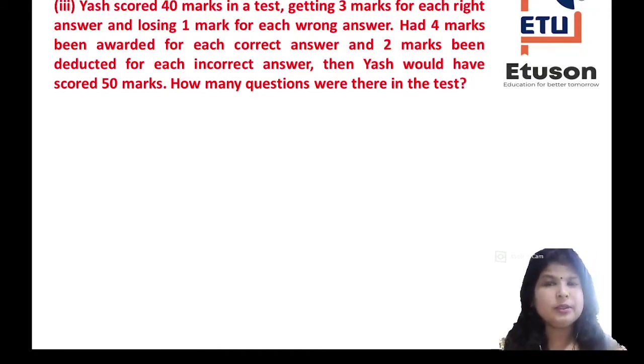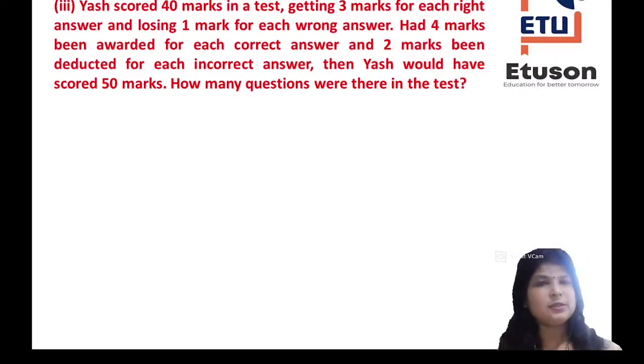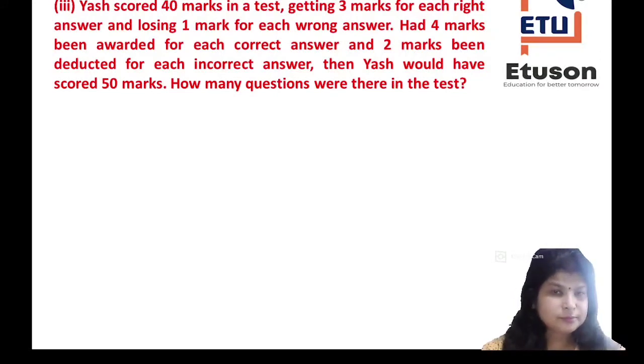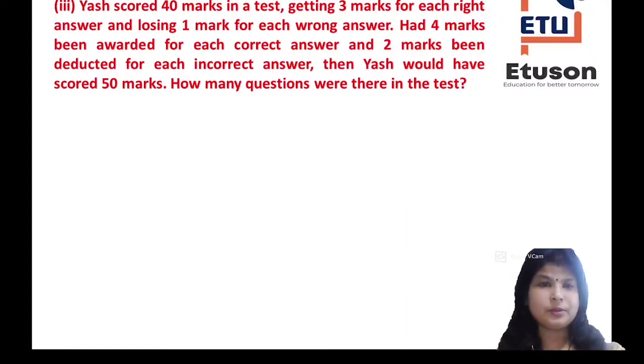So here, we need to first find out what we need to find out. Yas scored 40 marks in a test. First what we'll do, we will assume that the number of correct answers is equal to x, and the number of wrong answers is equal to y.